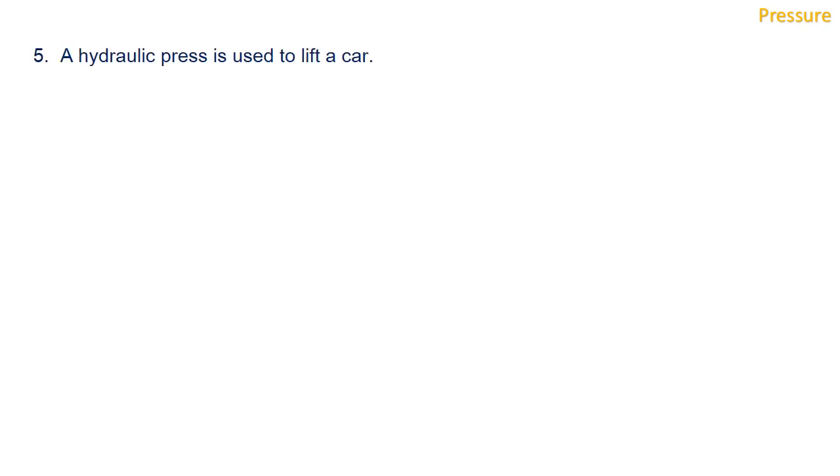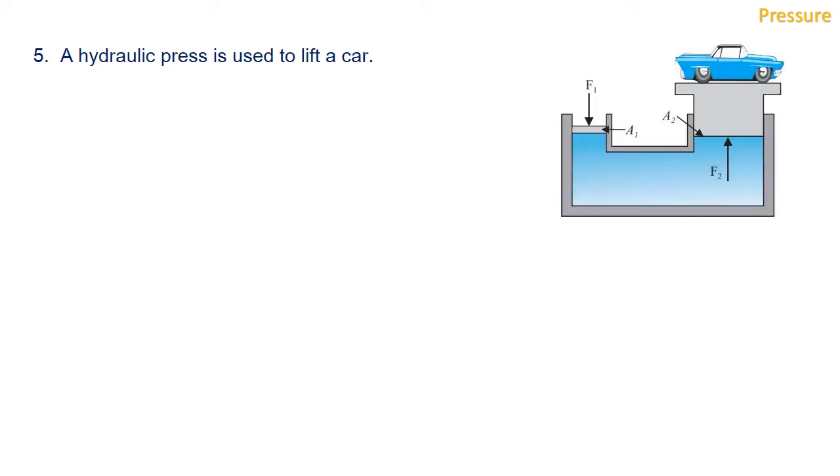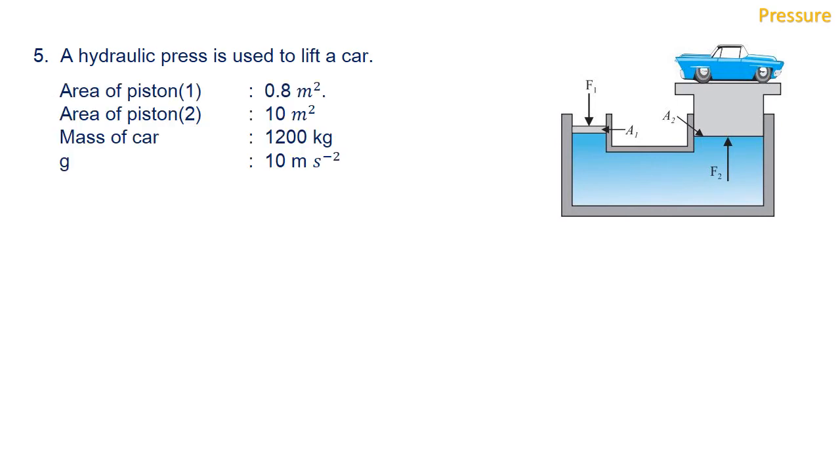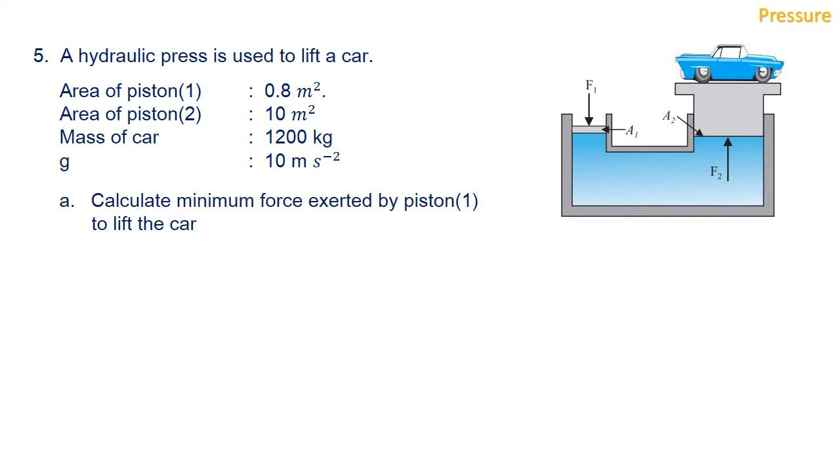A hydraulic press is used to lift a car. We know about this parameter. Calculate the minimum force exerted by piston 1 to lift the car. Force on piston 2 equals weight of the car.